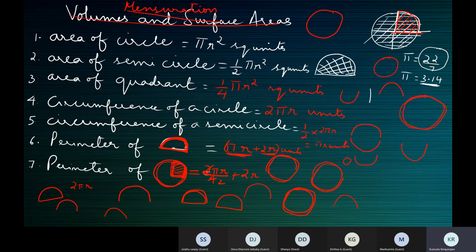Find the chapter in NCERT, then you will feel comfortable. Ma'am, actually in our NCERT, we didn't have the perimeter of semicircle and perimeter of a quadrant. No, that comparison we'll not do, okay? That will be different.